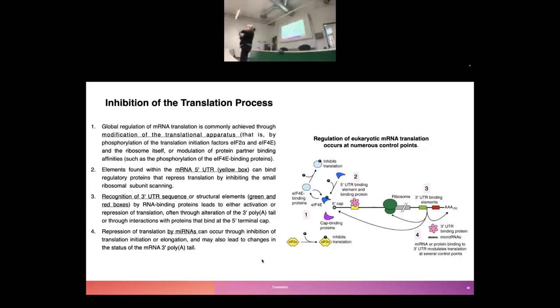Everything is okay. We are transcribing. Now we have a whole bunch of mRNA coding for chaperones. What happens? Translation. But we've blocked it.